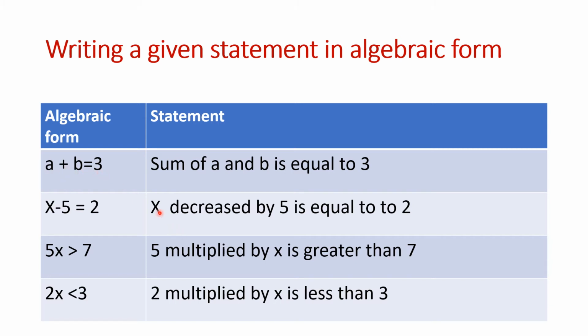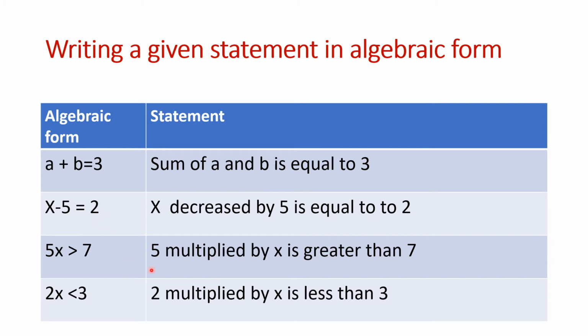If it is written x decreased by 5 is equal to 2, how will you write? x decreased by 5 means you have to minus 5, isn't it? So x minus 5 is equal to 2.